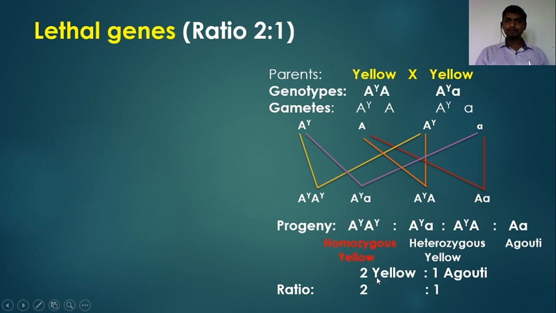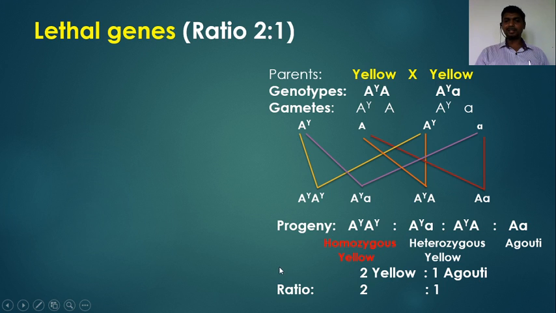So the phenotypic ratio 3:1 gets modified into 2:1 because one dies. Heterozygous yellow and agouti are able to survive here, so we get 2 yellow and 1 agouti.